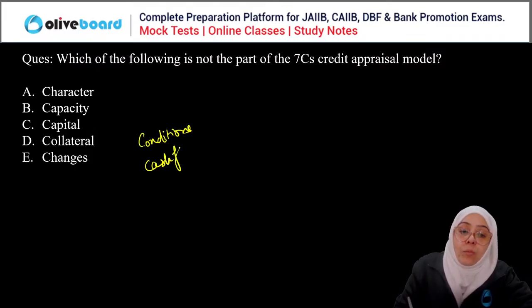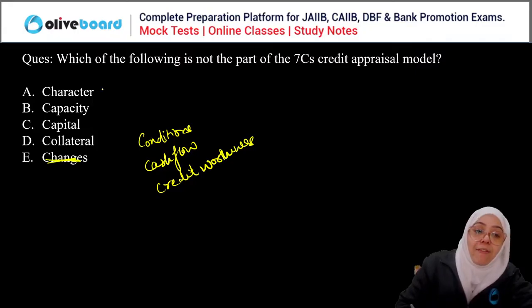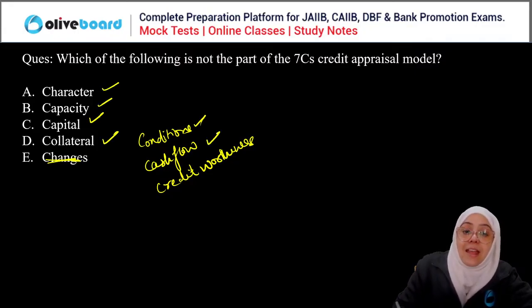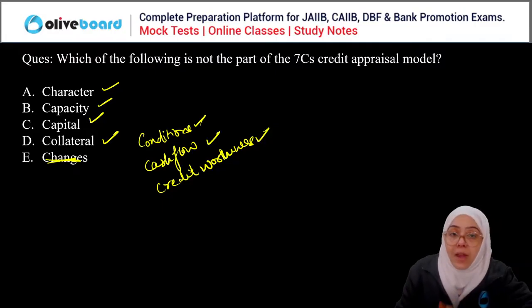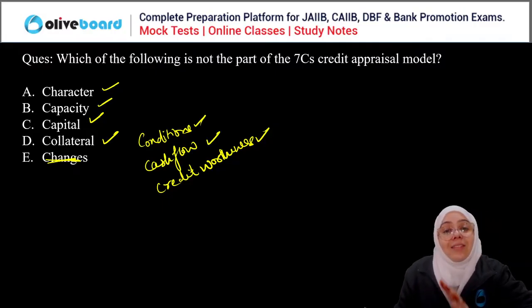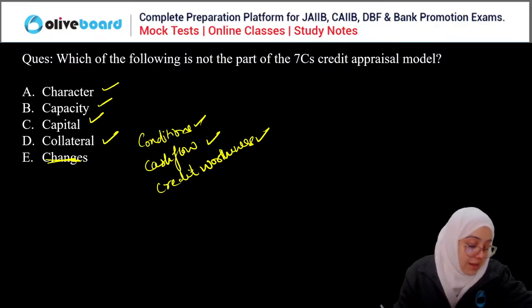So, not the changes. So, we have character, capacity, capital, collateral, condition, cash flow, credit worthiness, right? So, these are the 7 C's. Changes is not a part of the 7 C's. Clear? Done?